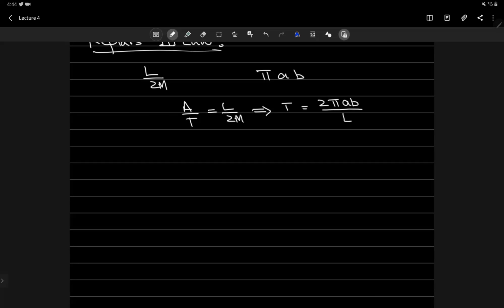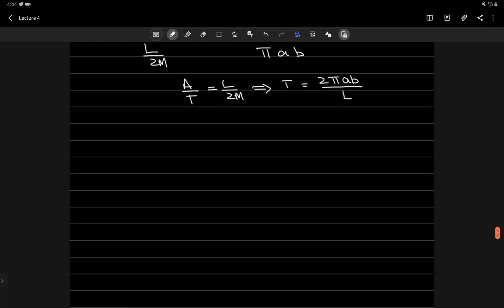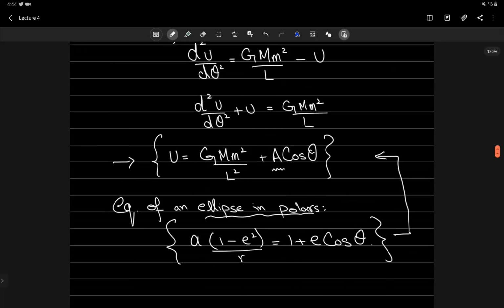Now here we would also be needing the solution we derived above for u, which was, if I go back, this thing. Right? So let's just copy paste this.